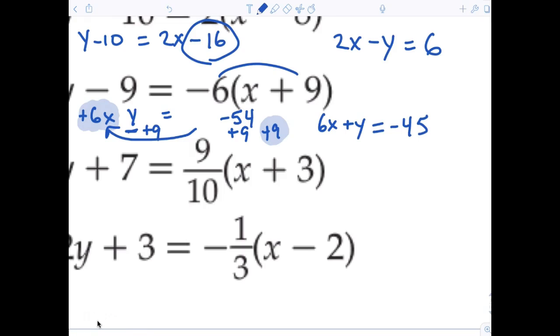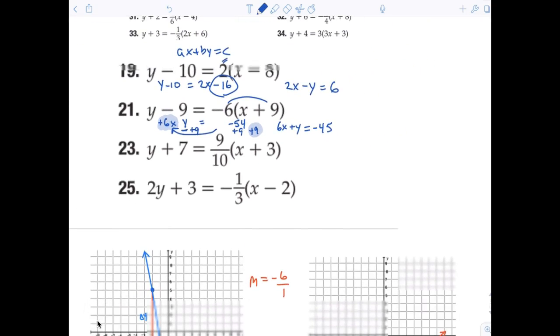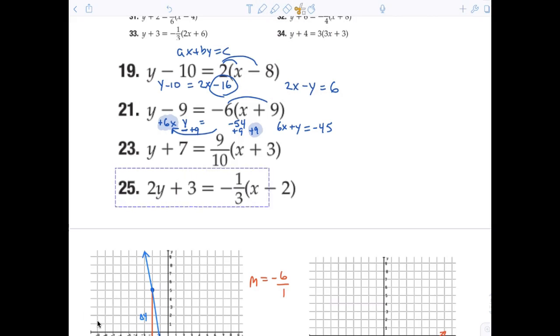Girls up front. All right, so I'm going to slide 23 over. I'm sorry, I'm going to slide 25 over.